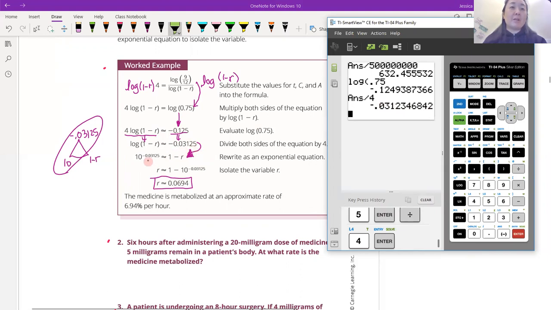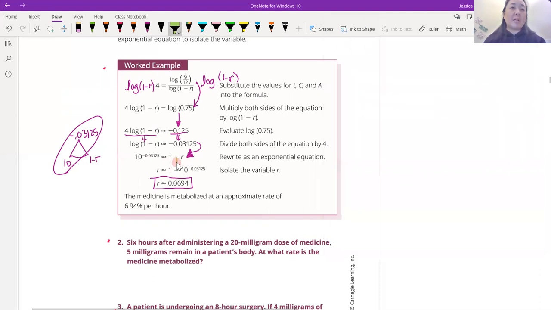And then from here, what you're going to do is solve for R. What I like to do is add R to both sides. So I'm going to add R to both sides. Then I would get R plus 10 to the negative 0.03125 is equal to 1.